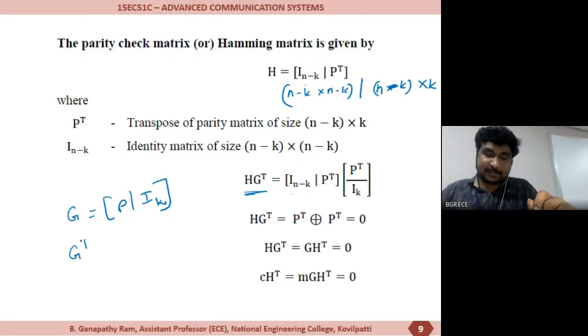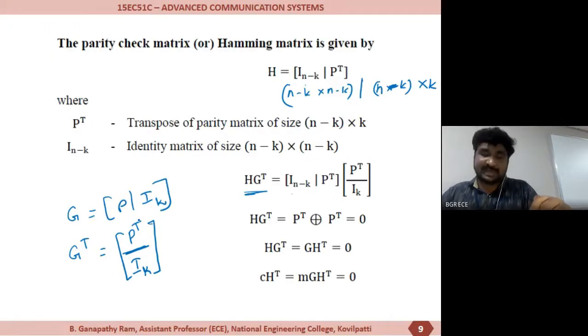The G transpose can be written with the combination in columns converted into a combination in rows, so that Ik is combined in the row perspective, and the parity matrix becomes the transpose of the parity matrix.